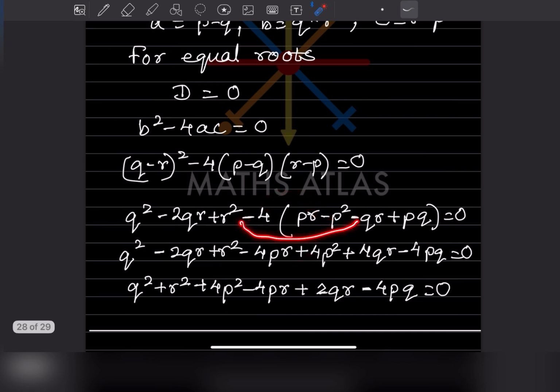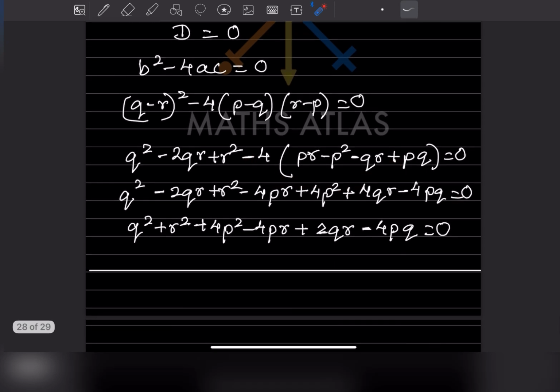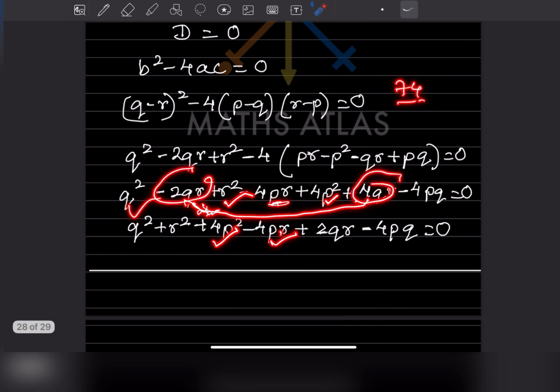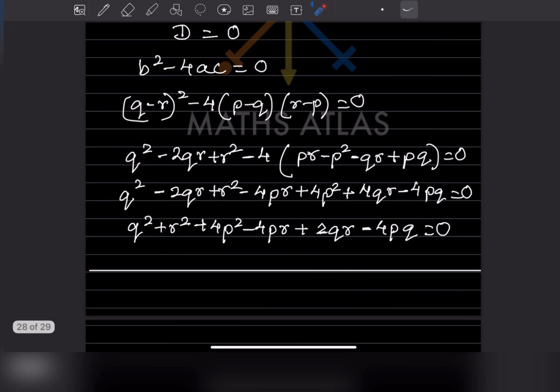Again here minus minus becomes plus 4qr, and minus p² becomes minus 4p². Here Q² + R² + 4P² is the term, and here minus 4PR, and here minus 2QR plus 4QR, so plus 4 minus 2 is going to be plus 2QR. This also stays as it is, equal to 0. So this is the answer.